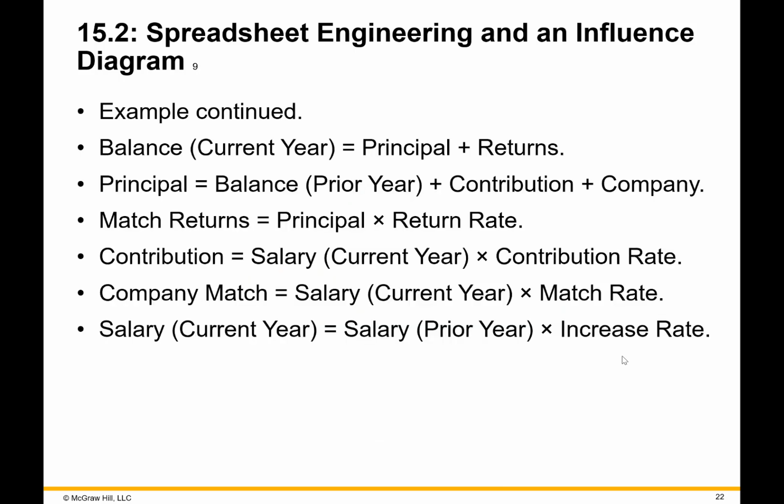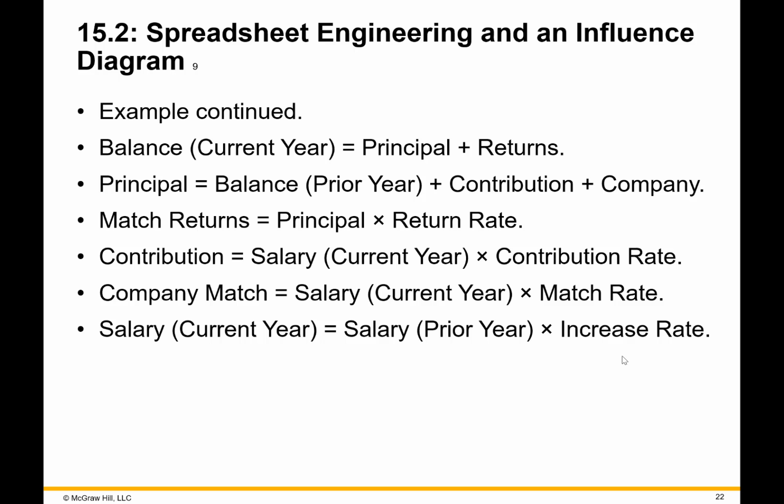The computation of the ending balance is based on the following formulas. Please note that the ending balance and salary of the current year are influenced by the ending balance and salary of the previous year, suggesting recurring calculations for these variables. So the first one, as you see here, is the top variable, which is balance, current year, which is the sum of principal plus return.